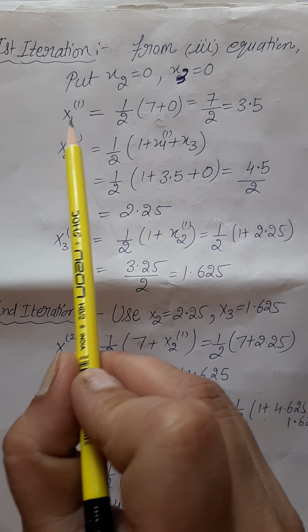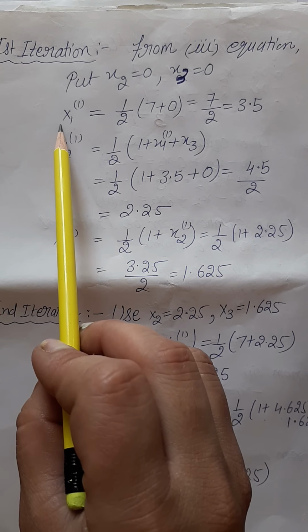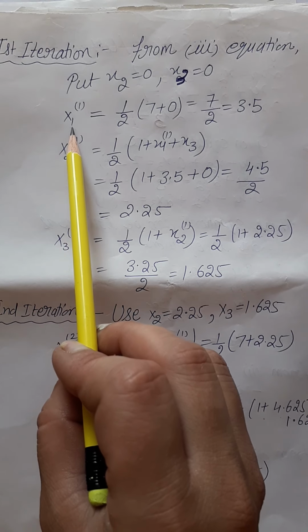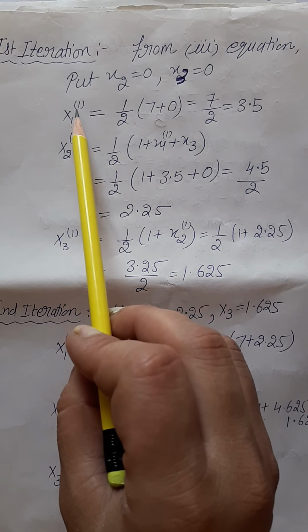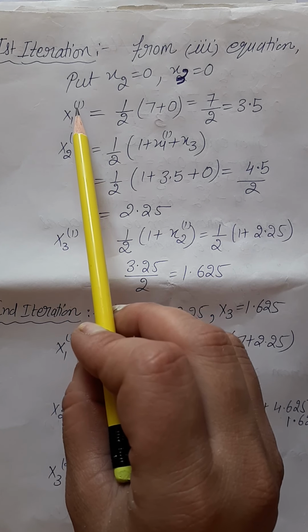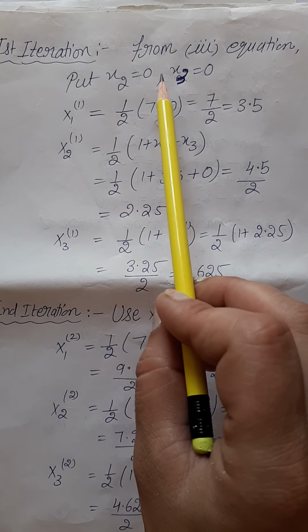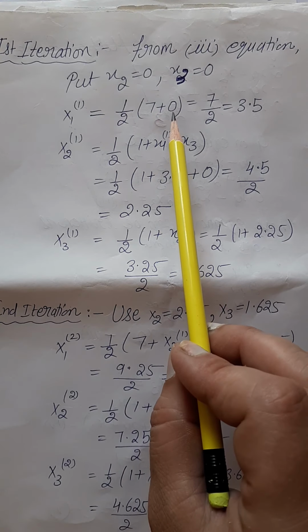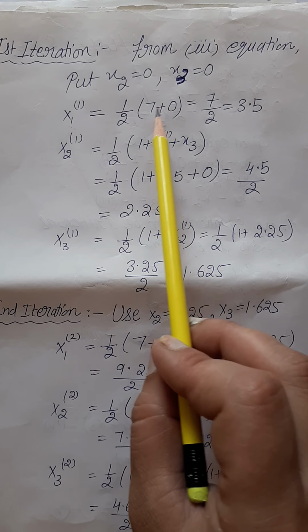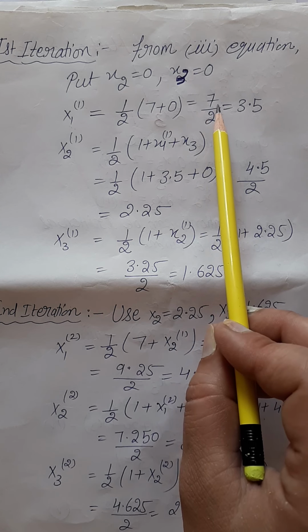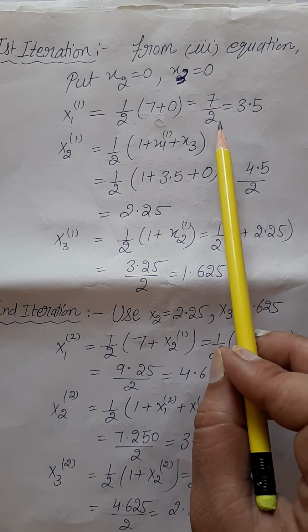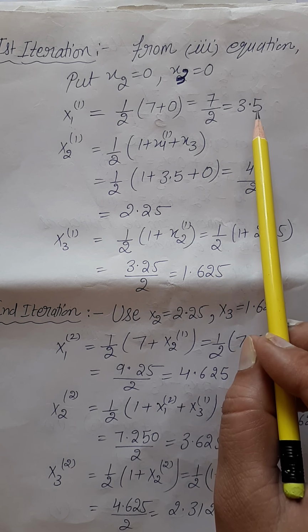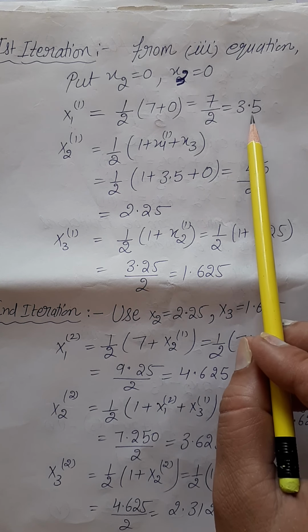So we take the value of x1 and write it as x1 to the power 1. This one shows our first iteration, and we put the value of x2 in this equation. 7 plus 0, we get 7 upon 2, and by dividing we get our answer 3.5.